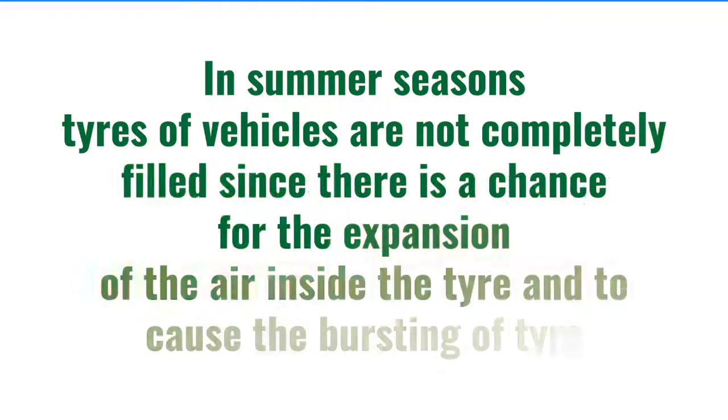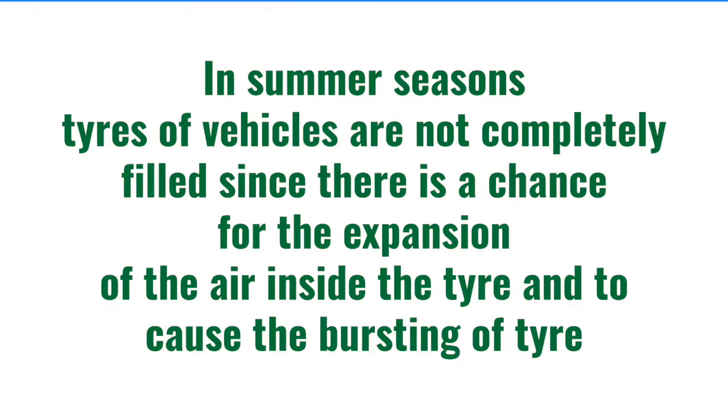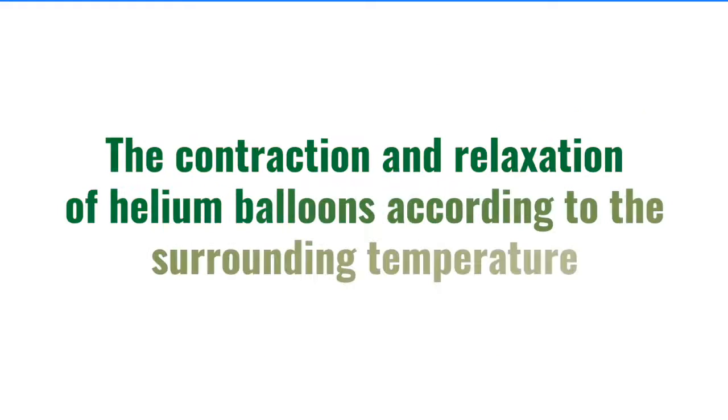In summer seasons, tires of vehicles are not completely filled, since there is a chance for the expansion of the air inside the tire and it causes the bursting of the tire. Next one is the contraction and relaxation of helium balloons according to the surrounding temperature. So, now we understood the relation between the temperature and volume of the gas.